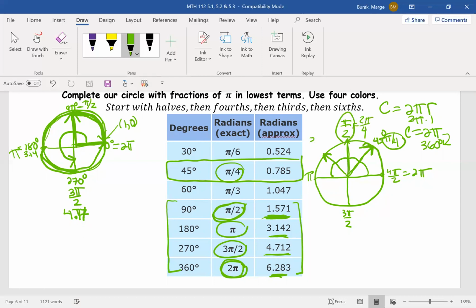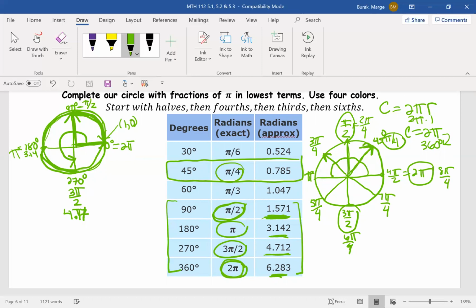Over here will be 3/4, which is 3 pi over 4. And then this would be 4/4. Well, guess what? We keep going. So this would be 5/4. This would be 6/4, but we don't care about that because it reduces to 3 pi over 2. And this would be 7/4. And this would be 8/4, but we don't care about that because it reduces to 2 pi.